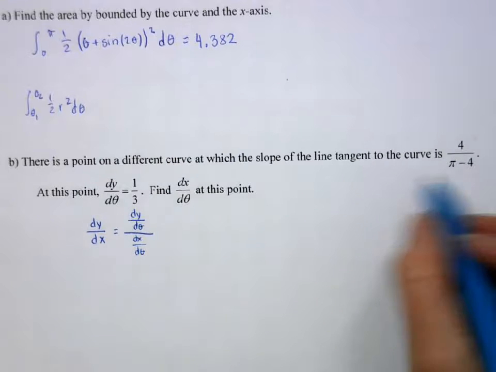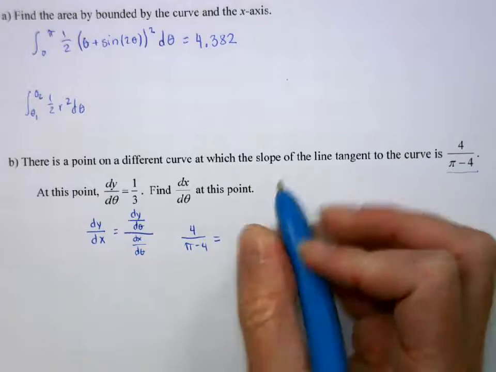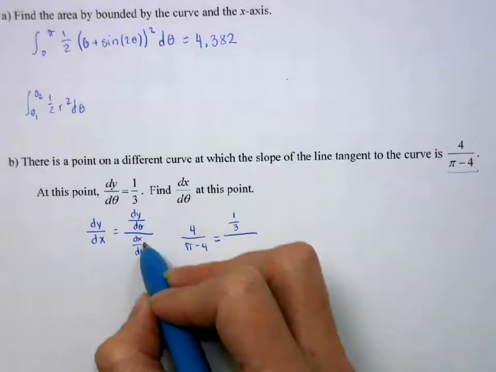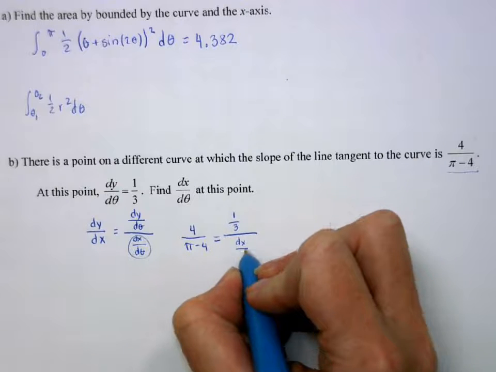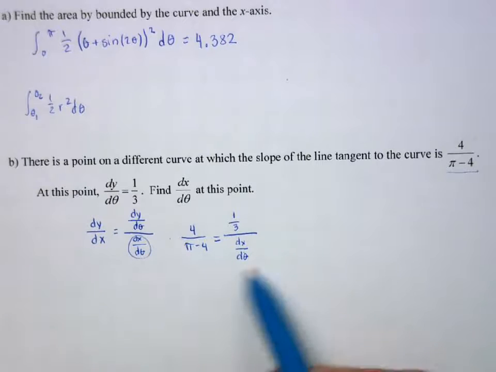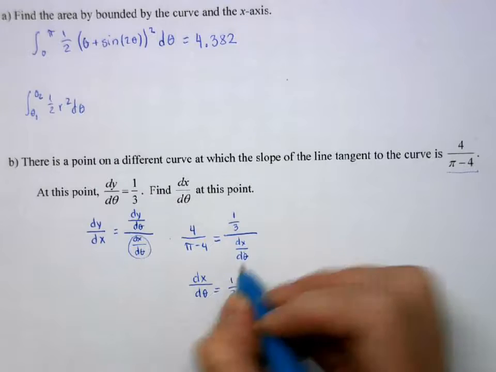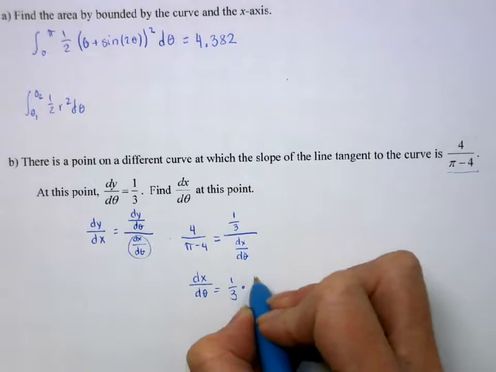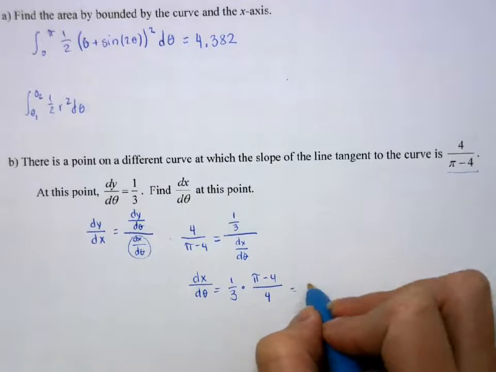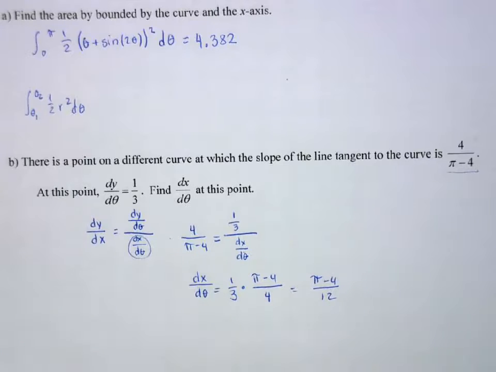So dy dx is going to be this. dy d theta is 1/3, and we are solving for that part. So we're going to multiply this over and divide by this. So dx d theta is going to be 1/3 times the reciprocal of that. And you can absolutely leave it just like this, or we can simplify it to pi minus 4 over 12, or if you really felt like it, you can type it in your calculator.